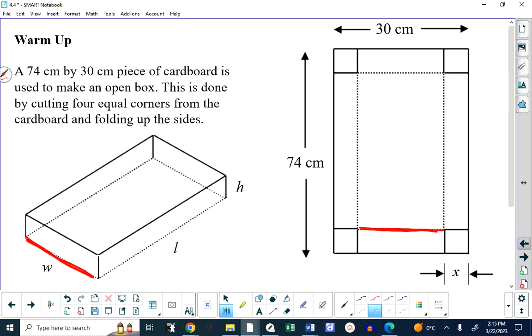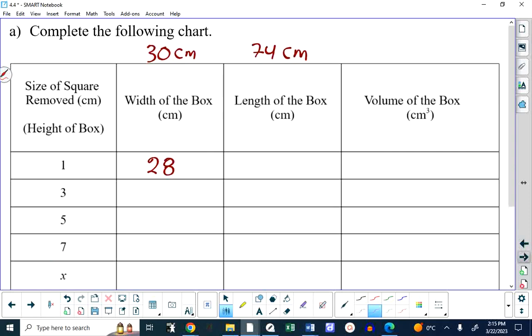So I have to take off that centimeter from each edge. Here it's going to be 72 centimeters. If I were to take off 3 from each side, then I would go 30 minus 3 minus 3. Help me out here, 24. If I were to remove 5 from each side, then I'm really removing 10, and I get 20.